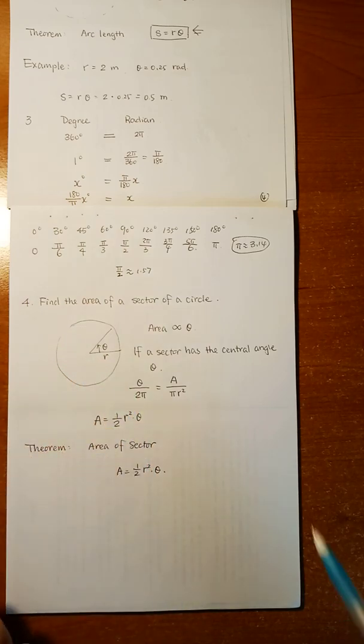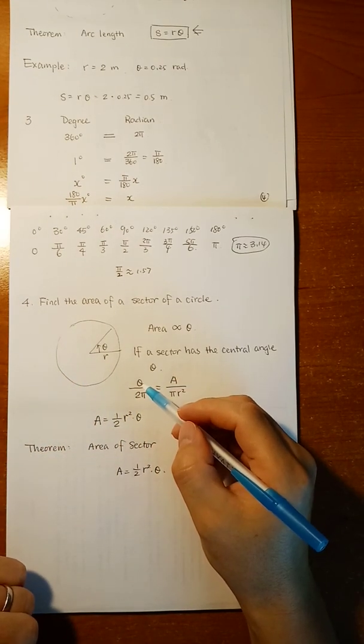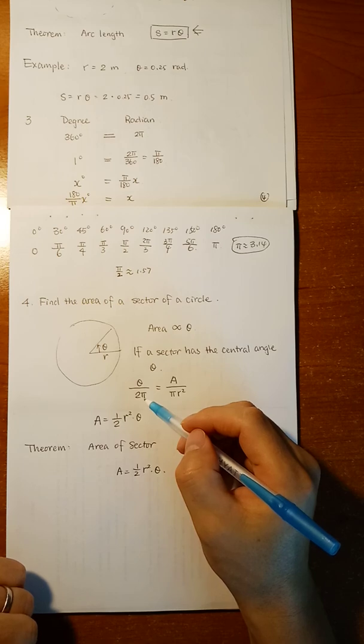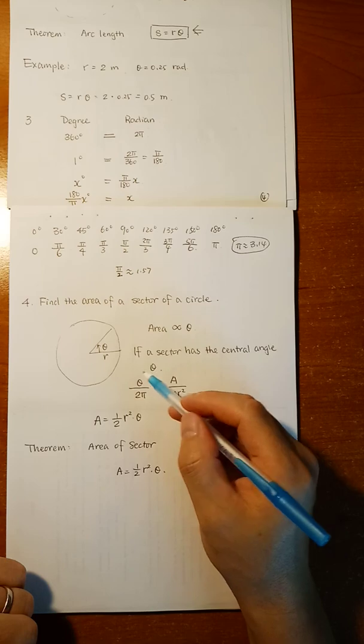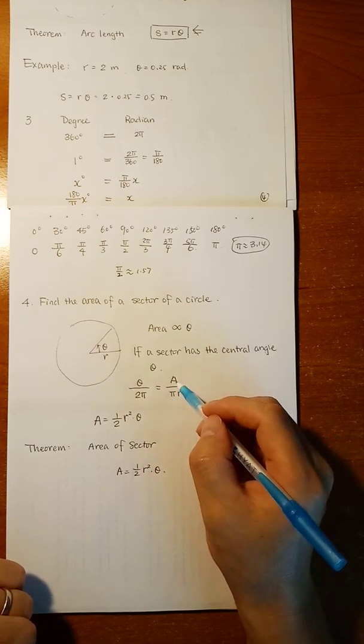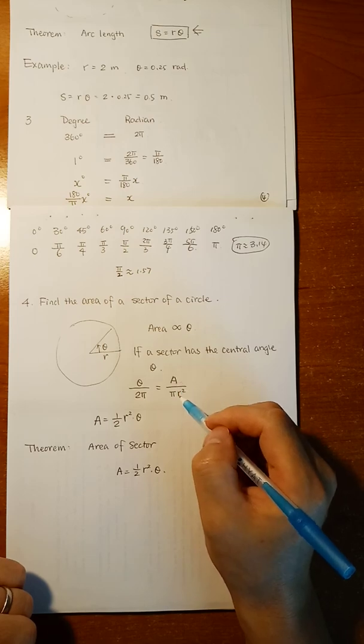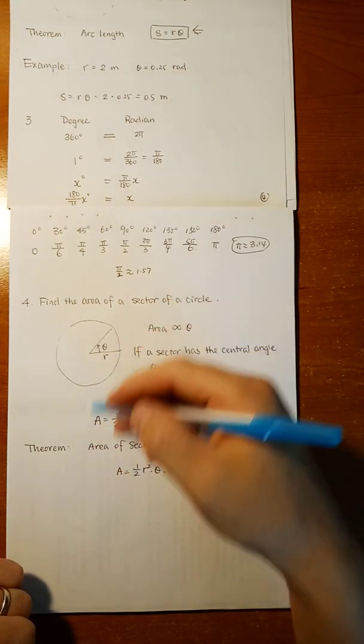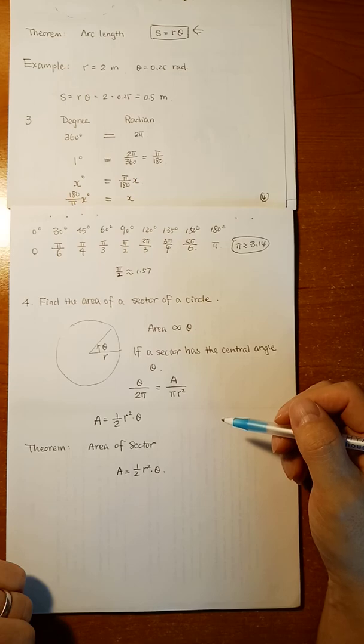We get the ratio between the central angle and the radian measure of the revolution, and it is equal to the ratio of area with a complete disk.